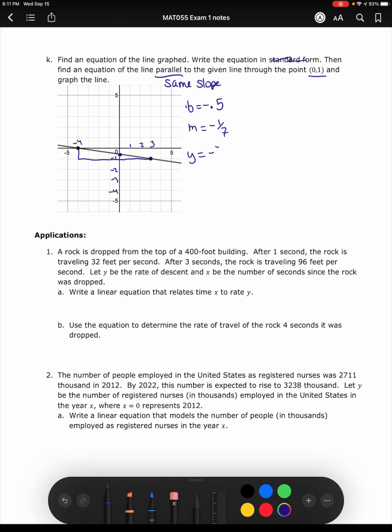So the equation is y = -1/7 x minus 0.5 for the one drawn, and then the one parallel to it would be y equals -1/7 x plus 1. The 1 comes from the y-intercept; they have to have the same slope.